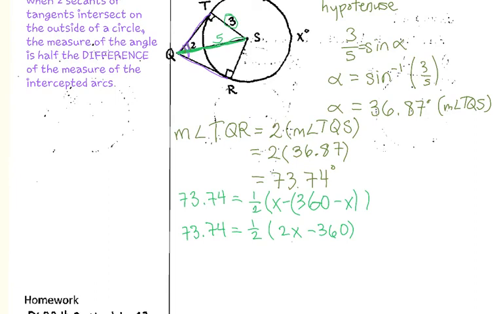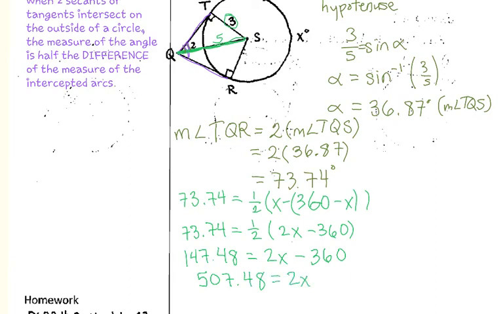I'm going to continue to solve this for x. Multiply both sides by 2. 73.74 times 2 is 147.48, which equals 2x minus 360. Then we need to get 2x by itself, so we add 360 to both sides and we have 507.48 equals 2x.